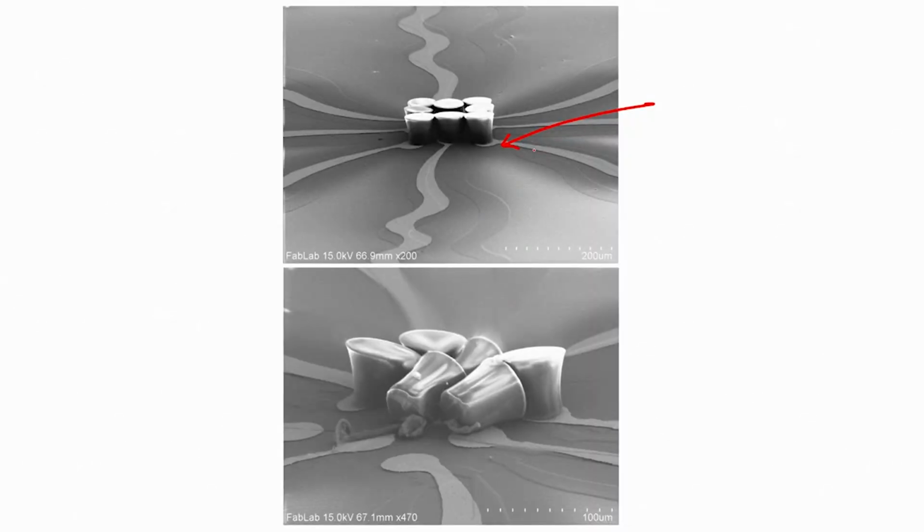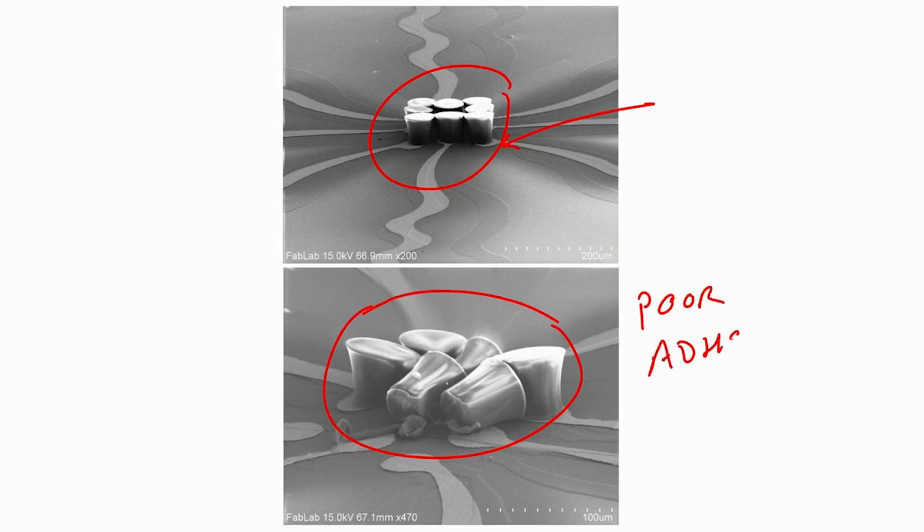So, where are SU-8 pillars? Let us see where are SU-8 pillars. You can see this image, and in this image what we see, there are SU-8 pillars, right. You can see these SU-8 pillars, and in the next image you see that the SU-8 pillars are not stuck well onto the PDMS, but they have fallen down, right, because of poor adhesion.